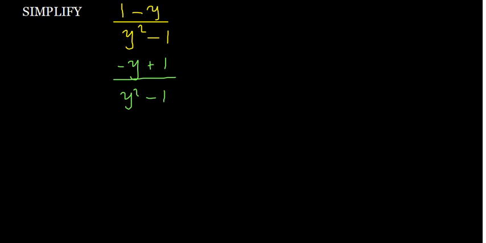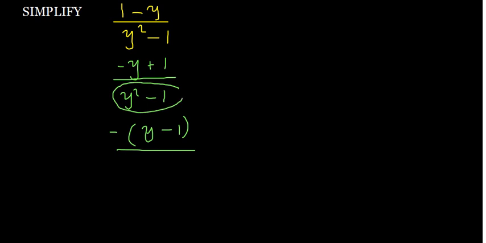So on top, I can factorize out a negative. So I'm going to have negative 1, open brackets. What is going to remain here is only a y. And then this one will become negative 1 because it was positive.